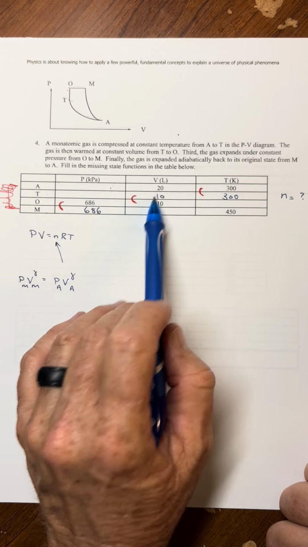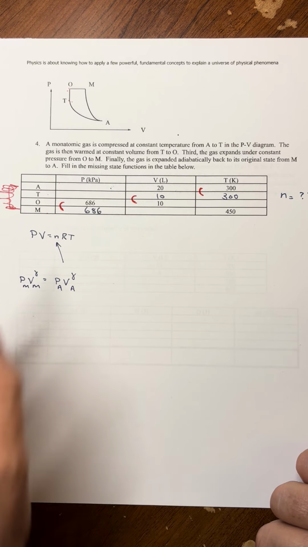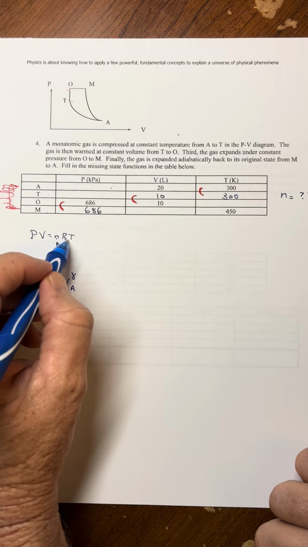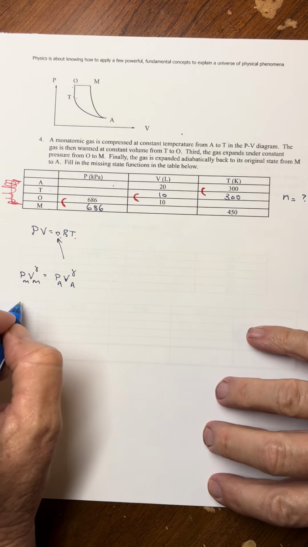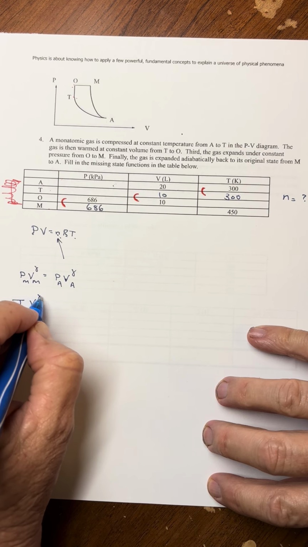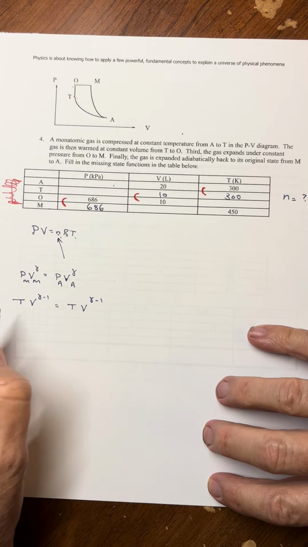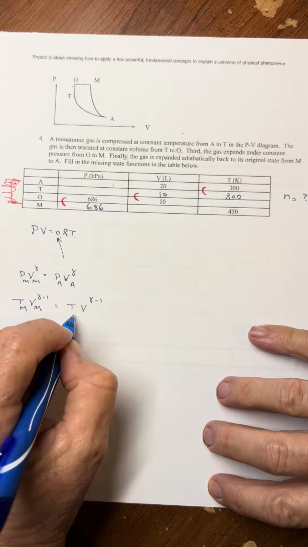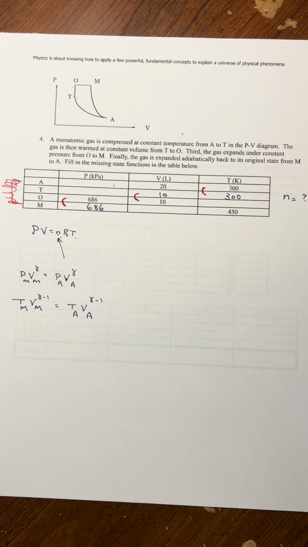Well, we don't. But another way of writing this same thing is to put in place of pressure nRT over volume and do it on both sides, and you get this. You get temperature times volume to the gamma minus 1 is the same as temperature times volume to the gamma minus 1. And so that means temperature at M, volume at M, temperature at A, and volume at A, raised to a power of gamma minus 1, are the same.